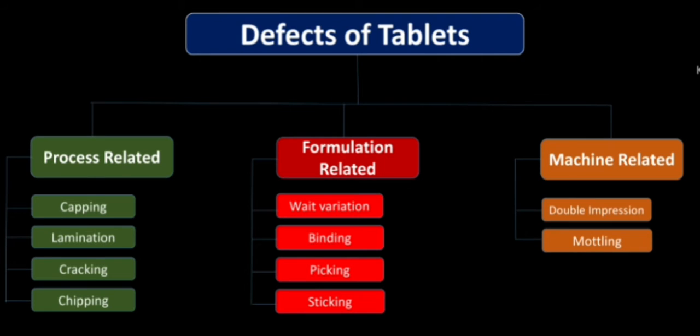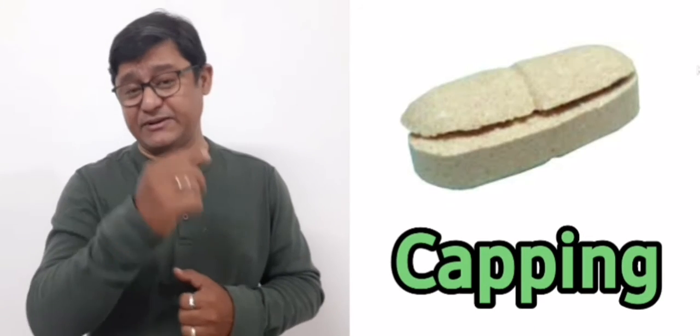When we talk about process-related defects, we come across many defects like capping, lamination, chipping, cracking, and splitting of tablets. I will explain all these defects during this video, so you don't have to worry about it. Let us first talk about the capping defect.